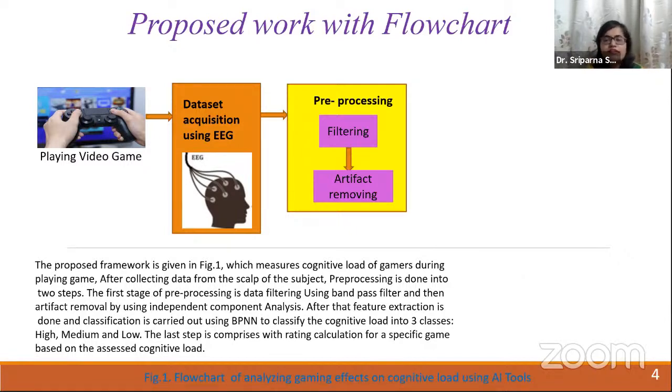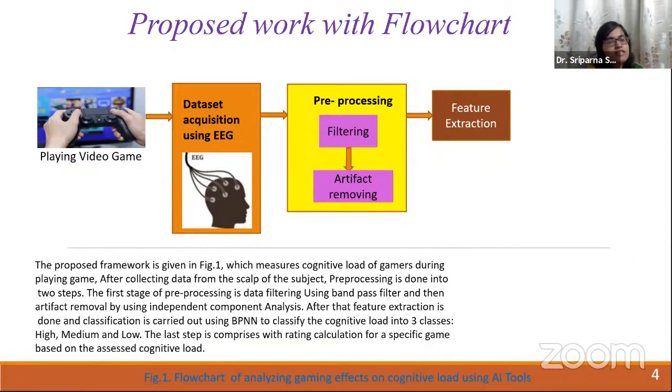Those are the processing stages. What is an artifact? Whenever you are moving or blinking your eyes, or moving your hands, a certain type of signal disruption can occur. Those are the artifacts, and we need to remove them.